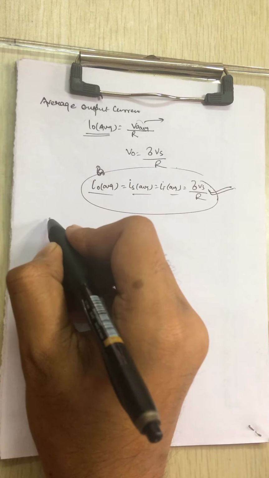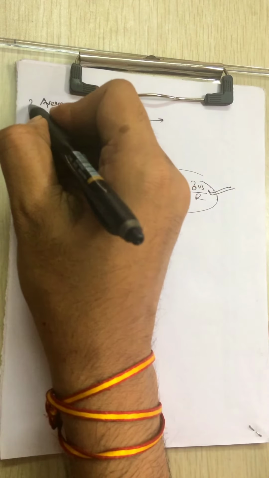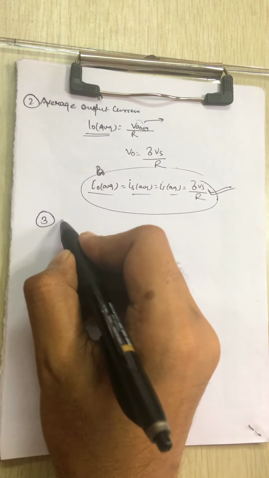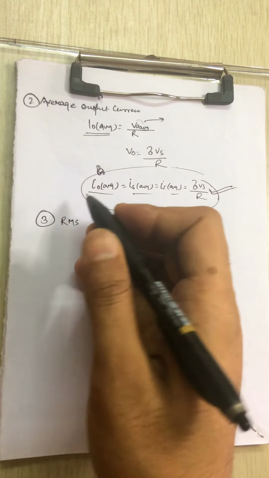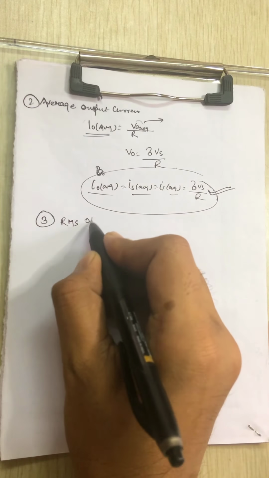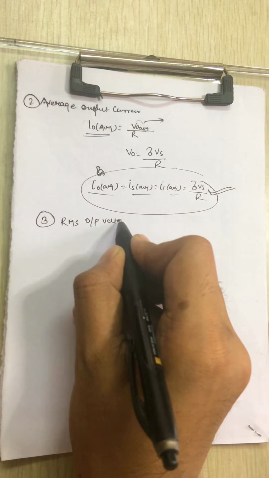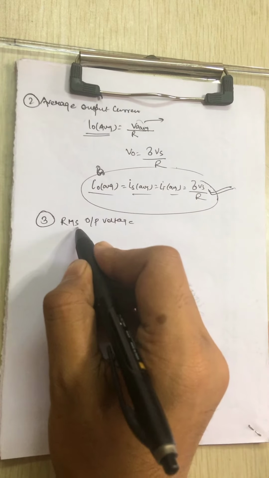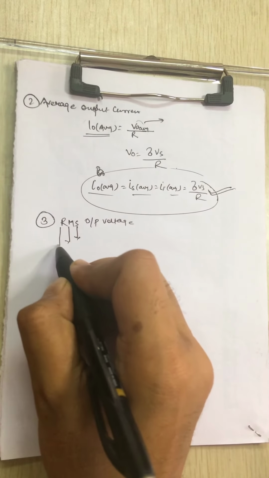The second parameter we have discussed. The third parameter is RMS output voltage. RMS value is nothing but the effective value: square, mean and root.